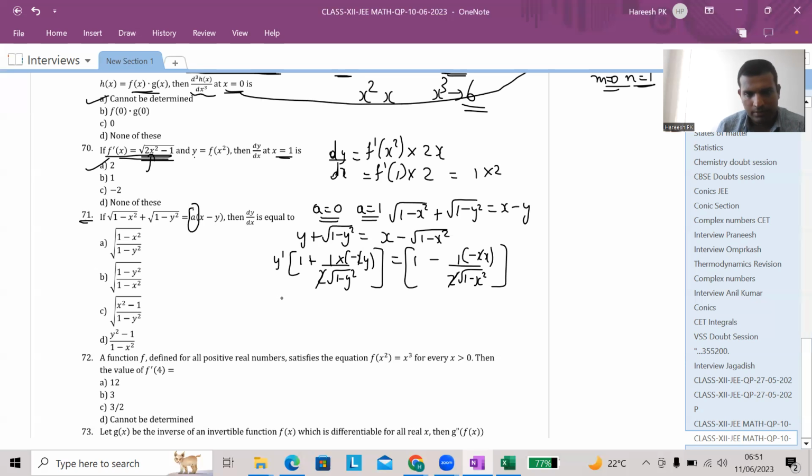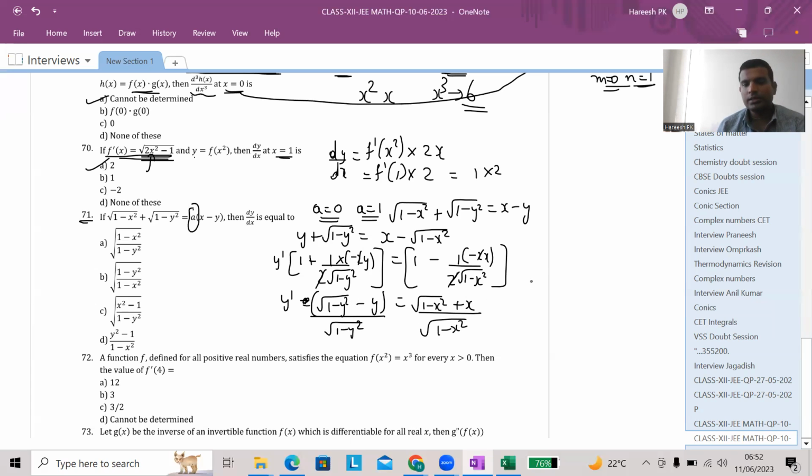So then I'll end up getting y dash into root 1 minus y square minus y is equal to root 1 minus x square plus x by root 1 minus x square.